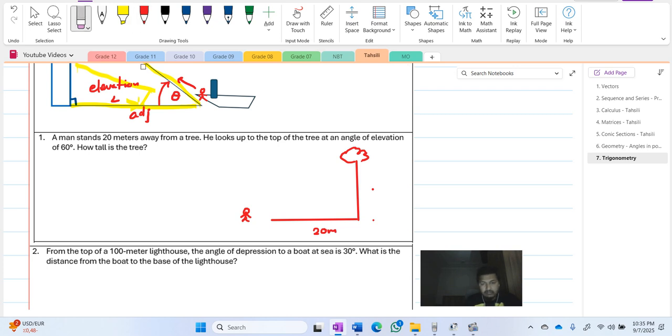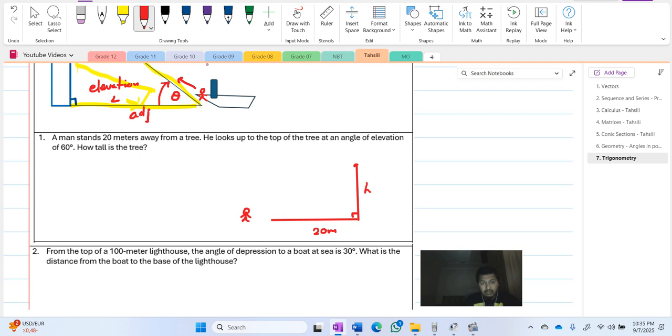Let's just take the tree branches and the leaves out. So let's just say this is the height of the tree, and he stands 20 meters away from the tree.